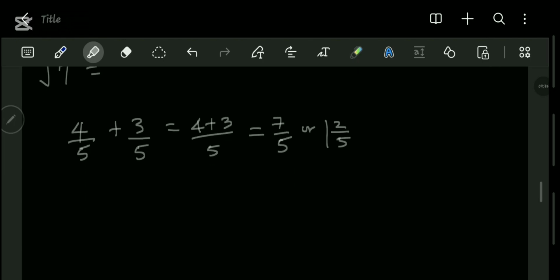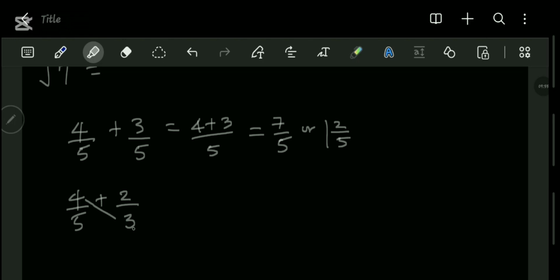But when it is not like, let's say you have 4 over 5 plus 2 over 3. In this case, the fraction is not like. What do you do here? You either find the LCM or you cross multiply. What do I mean? You cross it. This leading diagonal, 4 and 3, you multiply them first.